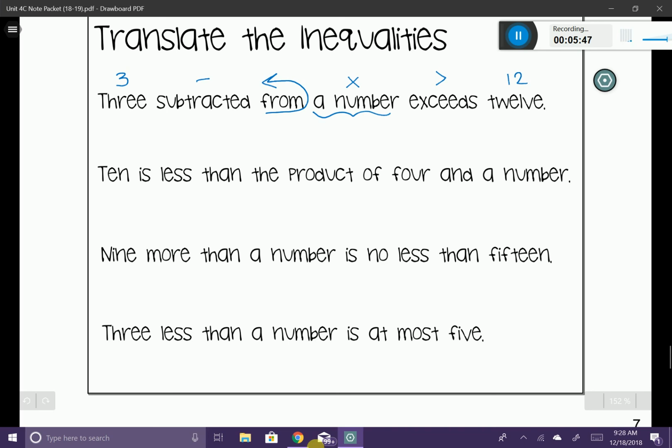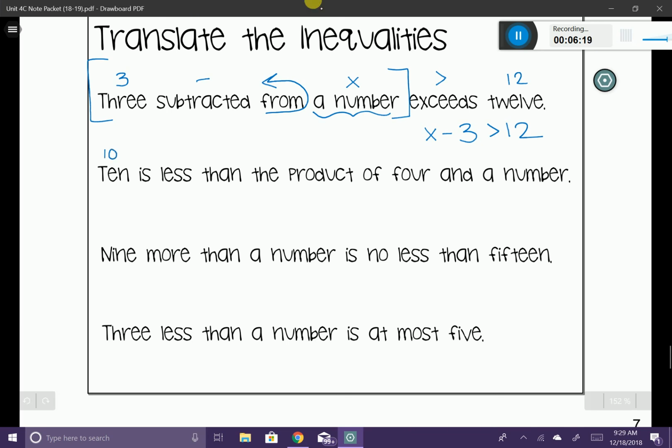You can see that with our switcheroo word, we have this chunk here, 3 subtracted from a number, and that whole phrase comes before our inequality symbol exceeds. So we're going to switcheroo within those brackets. 3 subtracted from a number is going to look like this, x minus 3. And it's going to be followed by exceeds 12. And we're finished.